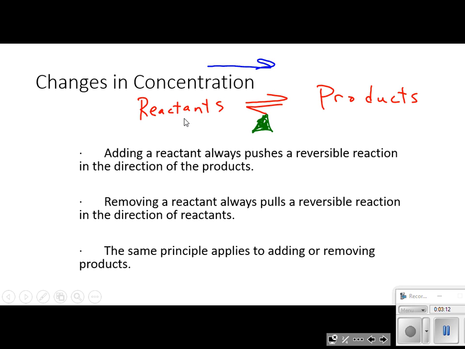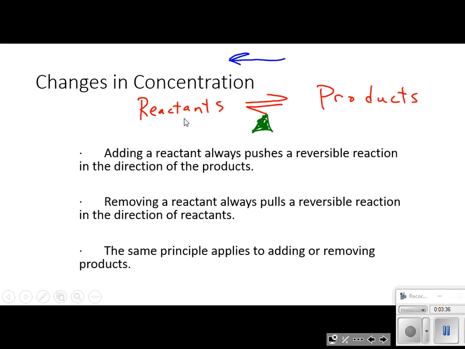Now, what happens to my teeter-totter if I take reactants out? If I remove them? Well, I'm going to have less weight on my reactant side, right? So my reactant side of my teeter-totter will go up. So then the equation will adjust by making more reactants.